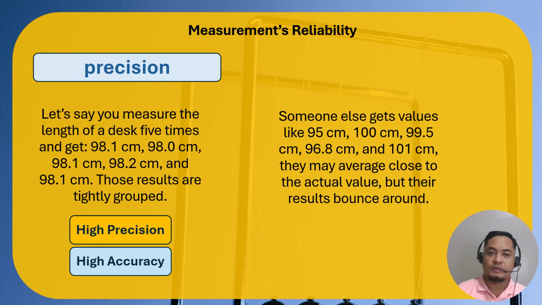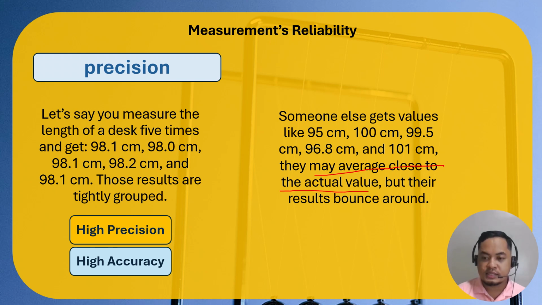Another example, we have this. Someone else gets values like 95 centimeter, 99.5, 98.6, and 101 centimeter. And they may average close to the actual value, but their results bounce around. If we analyze the situation here, there's a phrase, may average close to the actual value.